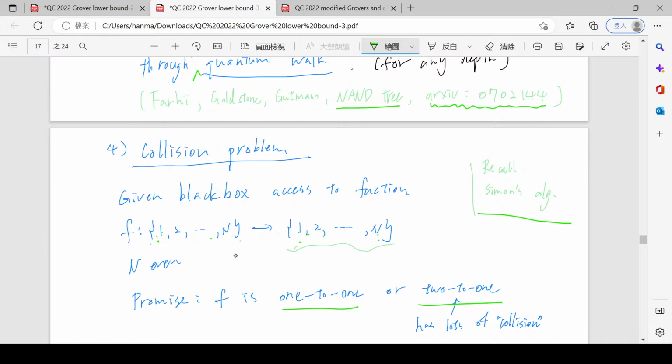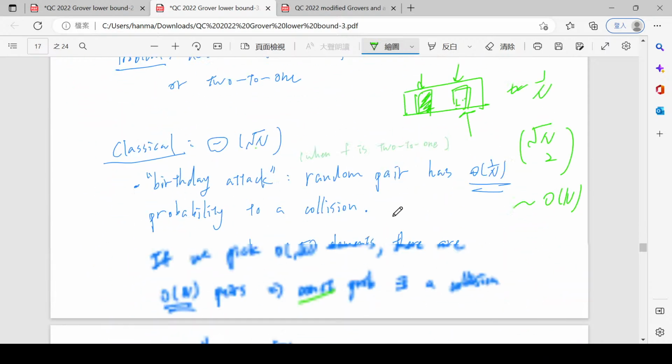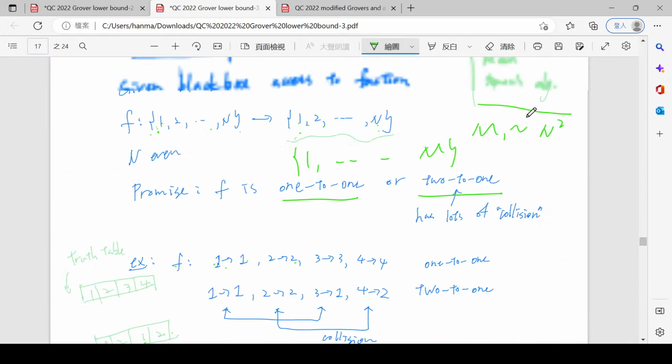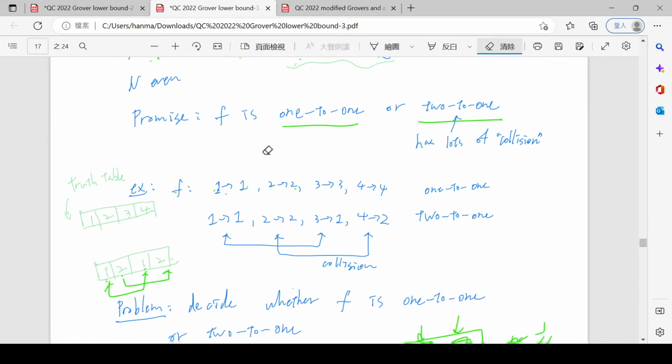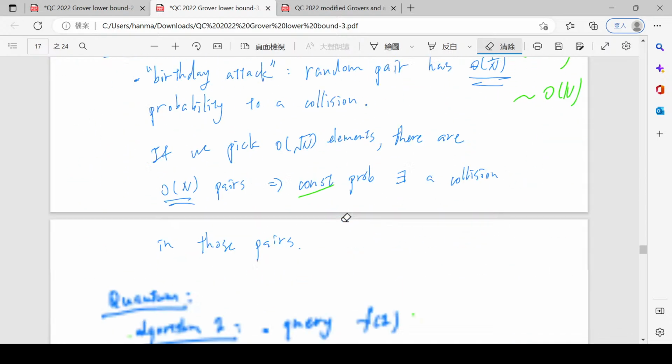So it will be 1 to n to 1 to m, and I think your m needs to be like n squared or something like this, some polynomial of n. So the earlier work is that you have a big m, then you have this n to the 1/3 lower bound. But anyway, Ambainis's paper gives you a bound for m equal to n, so that's nice.